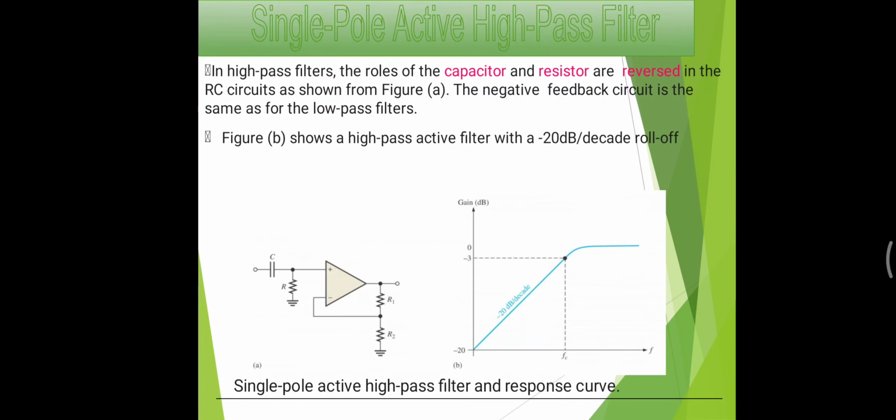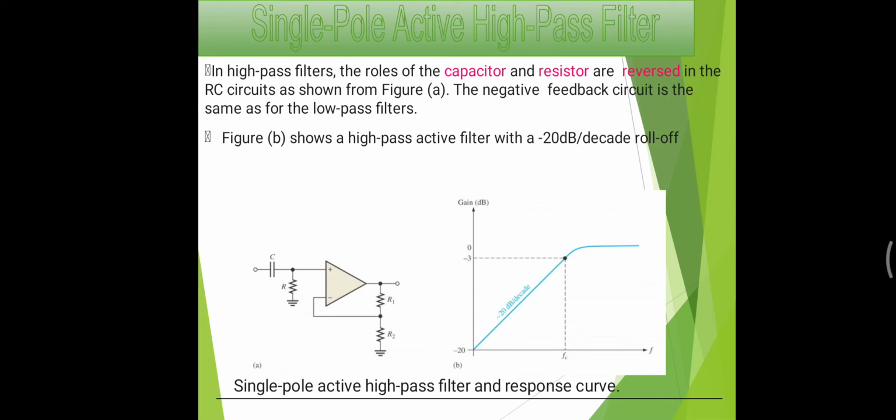And if we look into the active high pass filter, in the high pass filter the roles of the capacitor and resistors are reversed, but in the case of the low pass filter it is very important how many poles of capacitance and resistance, which gives more roll off.